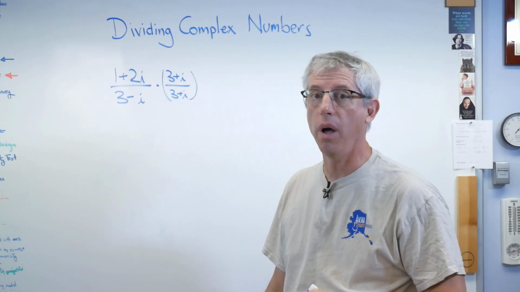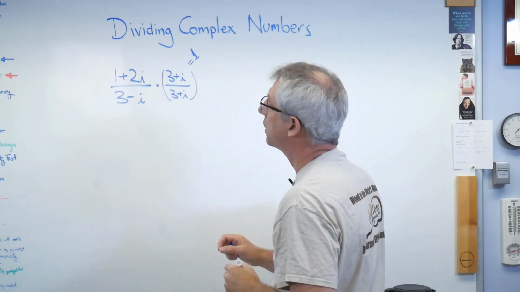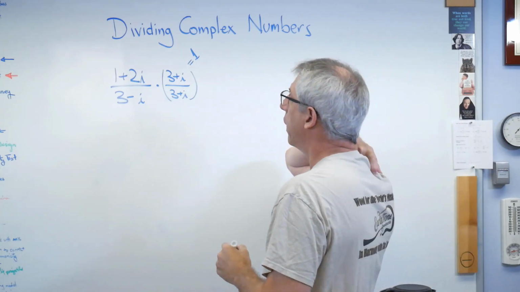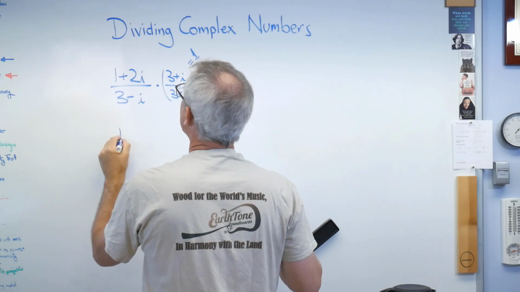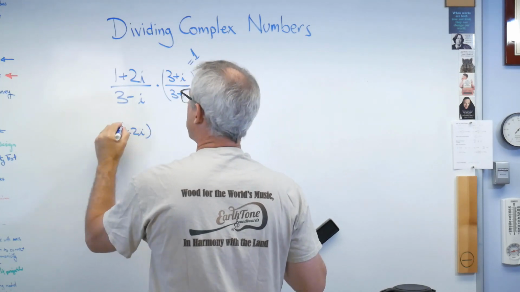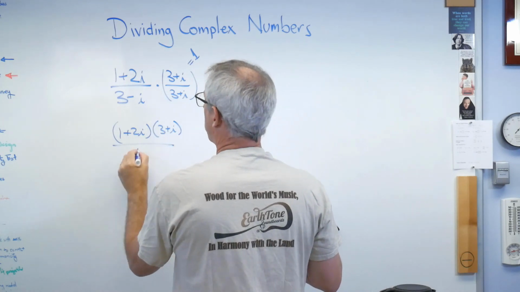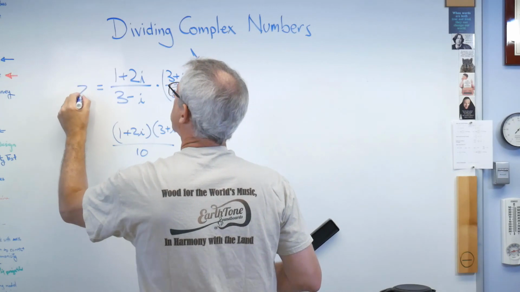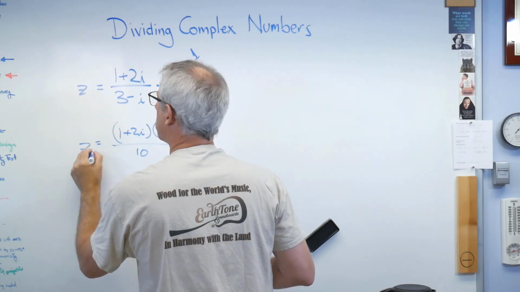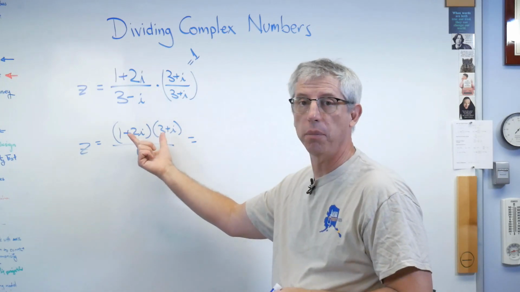You can if it's 1, because you don't change the answer, and 3 plus i over 3 plus i is indeed 1. Okay, well we already know that's 10, so this is going to be 1 plus 2i times 3 plus i over 10. Maybe we'll assign the result to z just to have an equal sign there. All you got to do now, we already know how to multiply.